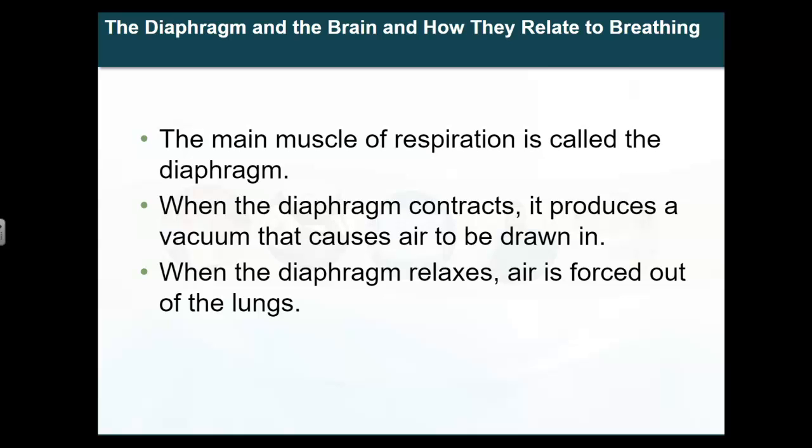If you think about it, when the diaphragm begins to contract, it pushes the pleural cavity and everything up and causes the lungs to expand and inhale. And then as it relaxes, you're letting the CO2 out. You're exhaling.